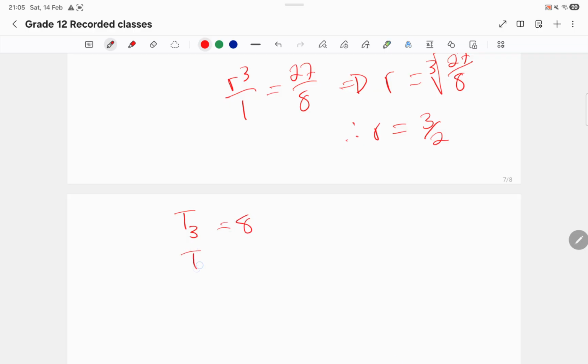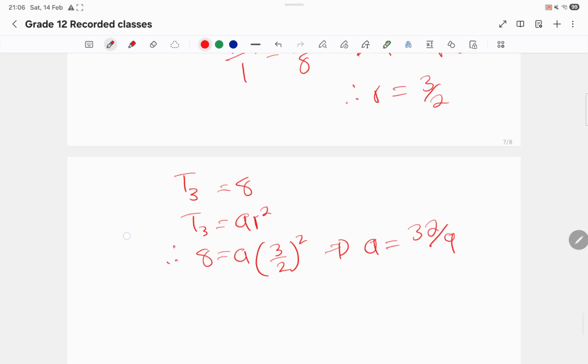And we do know that T3 is given by AR squared. So therefore, 8 equals A, and what's our R? Our R is 3 over 2 squared. So when you do your algebraic expression, you will find that your A is 32 over 9. Okay, it's 32 over 9, right?